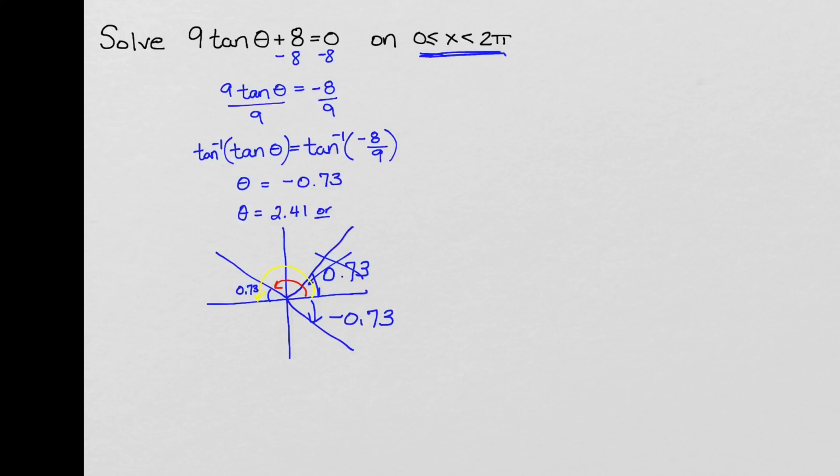So I'm just putting that into my calculator. And I get 5.55. So 2.41 or 5.55, and that's how we solve that problem.